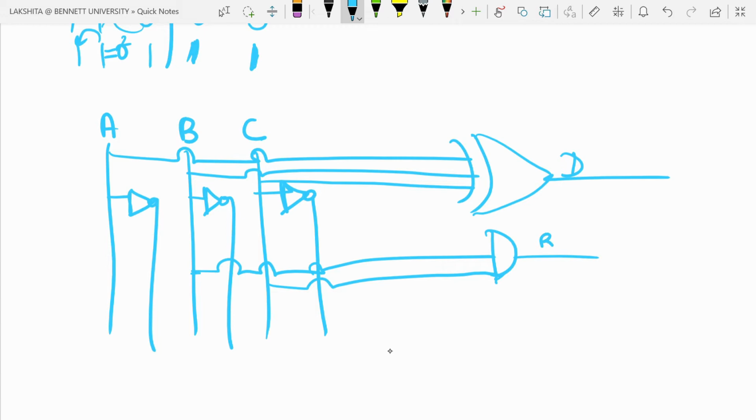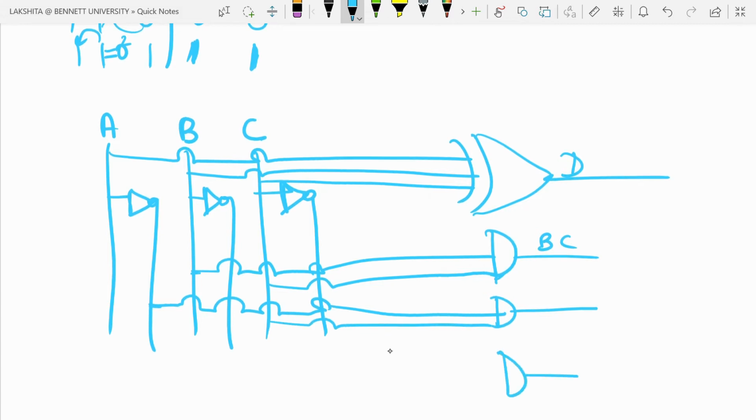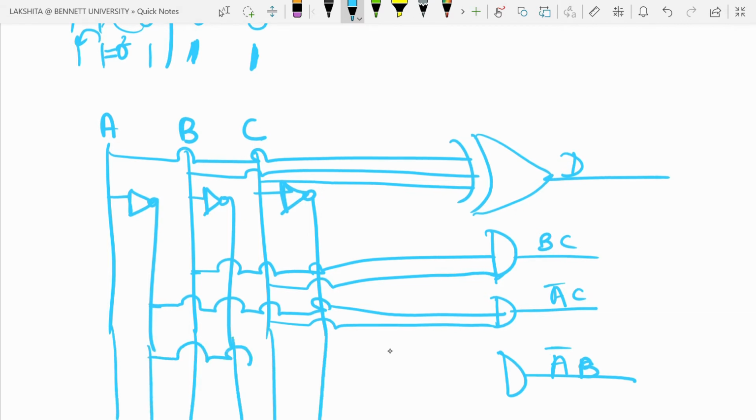For A bar C, we'll take the input from this position. This is A bar and this is C. For A bar B, we'll take the input from this position and B from this position.